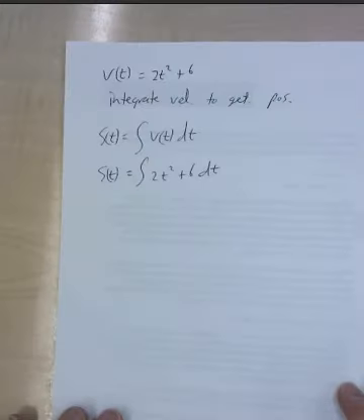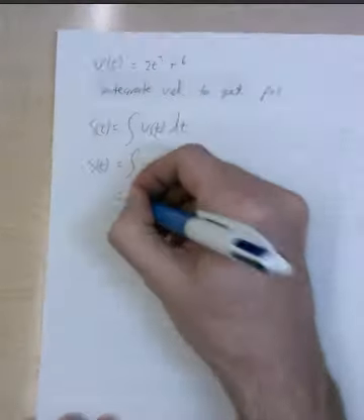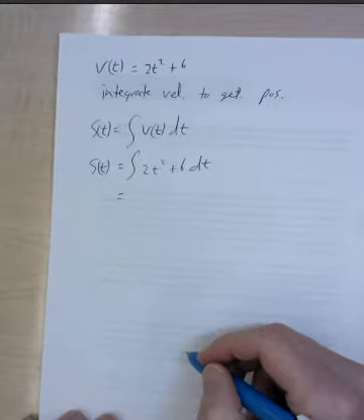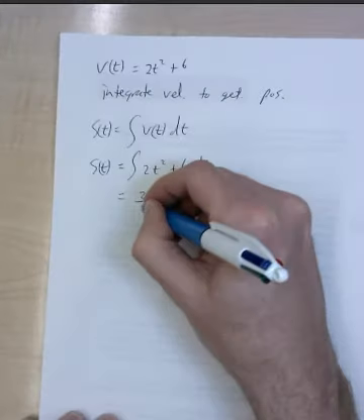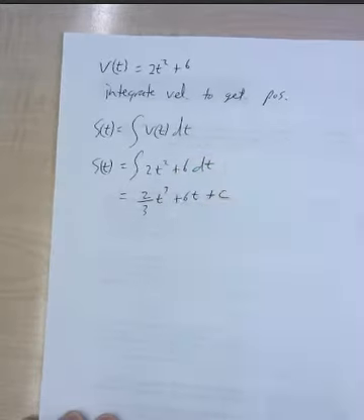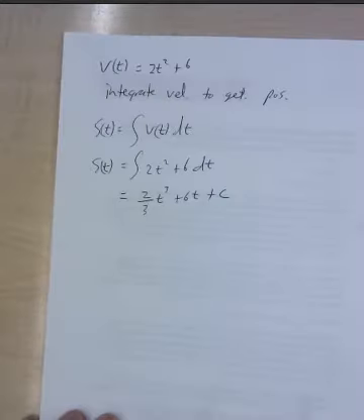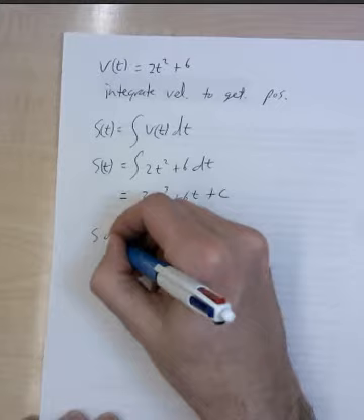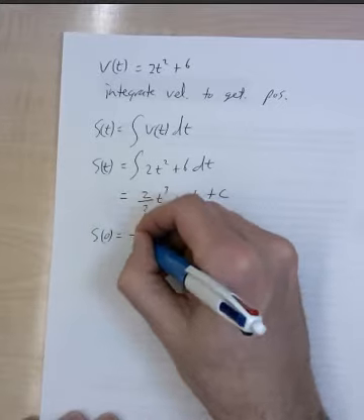So, integrating that, we get 2/3 t cubed plus 6t plus c. Are we all in agreement? Great. And we know that S of 0 was negative 2.